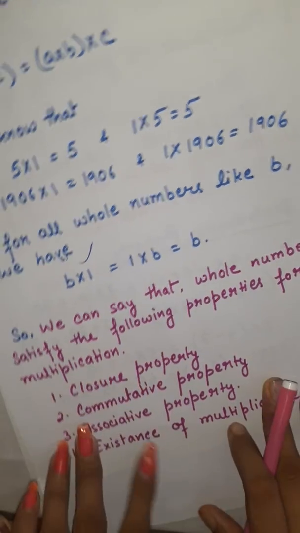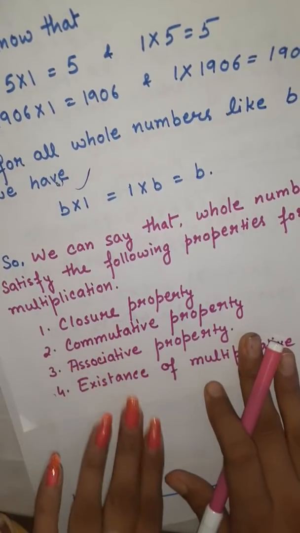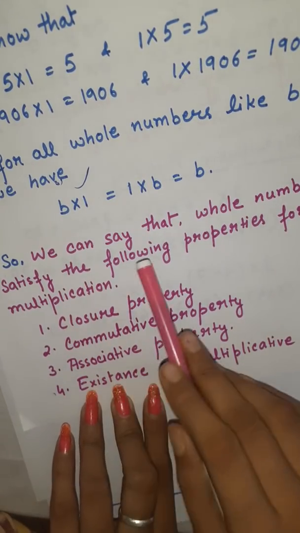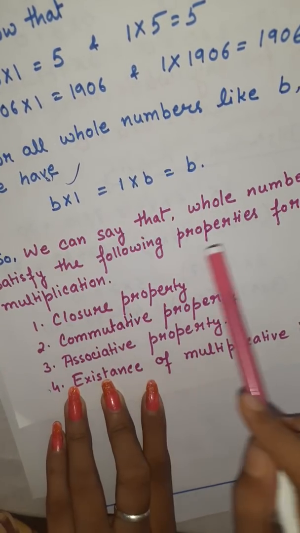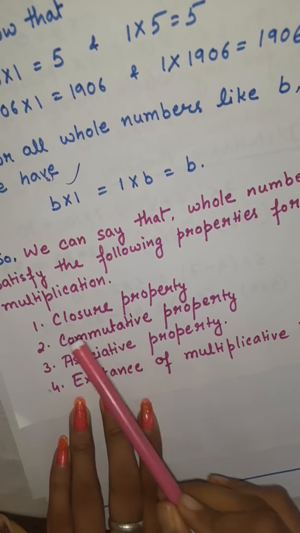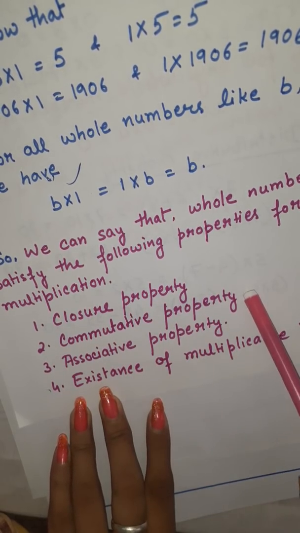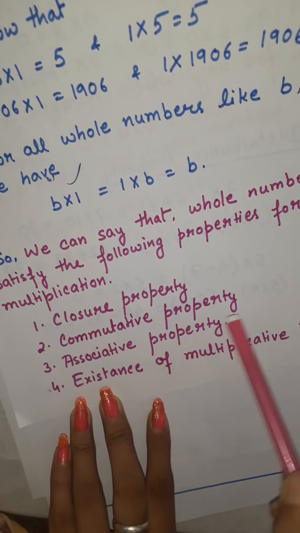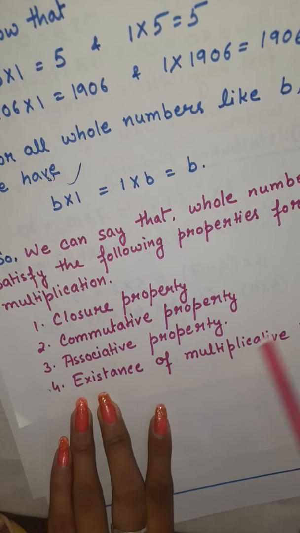Okay. So, summarizing all the 4 properties, what can we say? We can say that whole numbers satisfy the following properties for multiplication: closure property satisfied, commutative property satisfied, associative property satisfied, and existence of multiplicative identity satisfied.